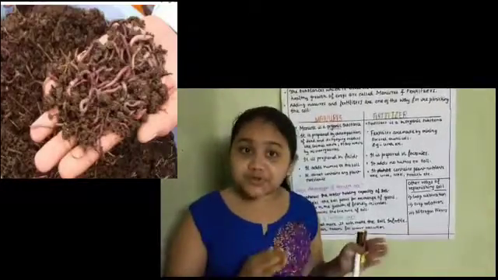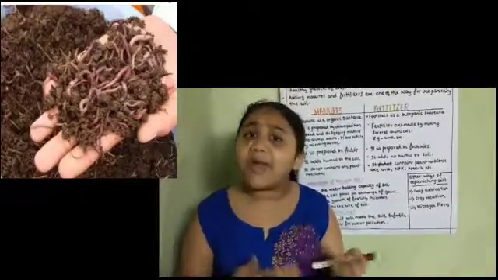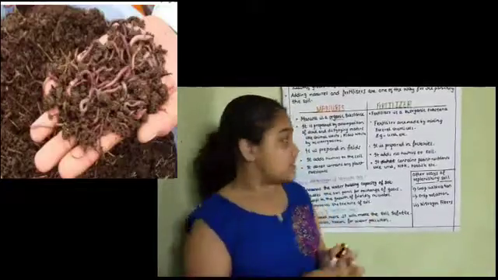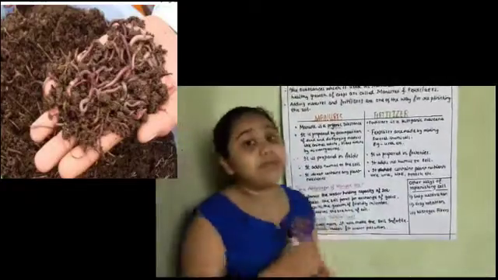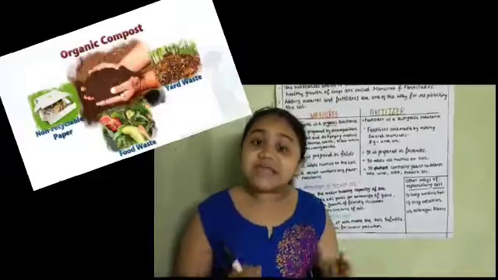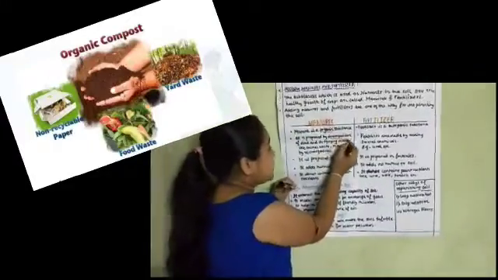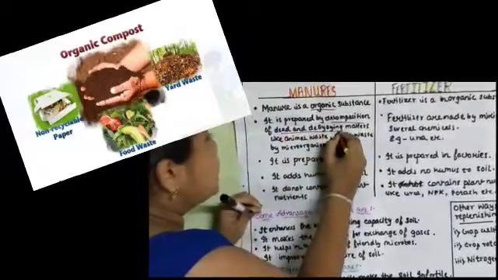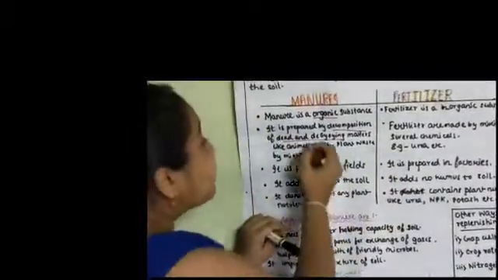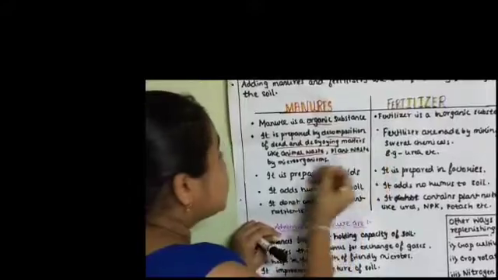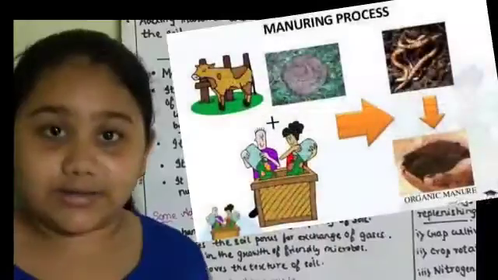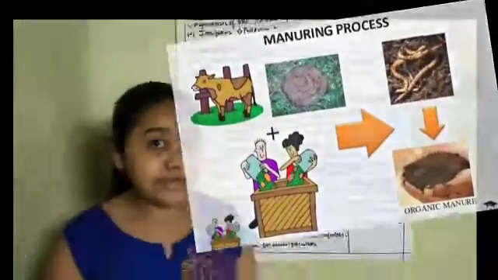Now the next question is how manures are prepared. Manures are prepared by the decomposition of dead and decaying matter like animal waste and plant waste by microorganisms. Let me explain in depth.